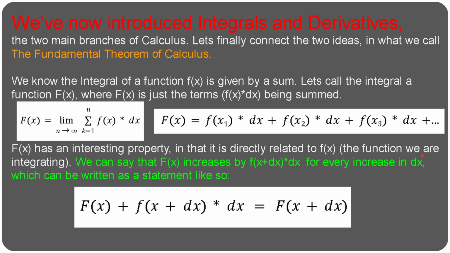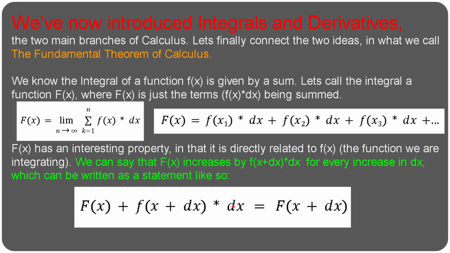So the integral increases by f of x plus dx, so you add a little bit of change, times dx for every single increase in change. It can be written in a statement like so. So capital F of x increases by f of x plus dx times dx.